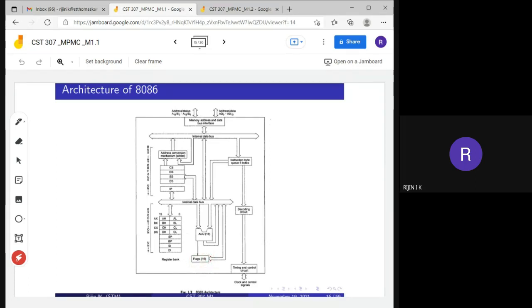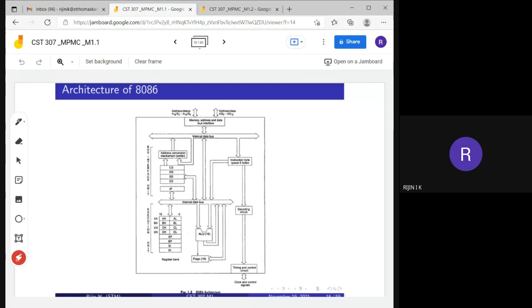Anupama: it is a status register. Okay, it shows the status of the operations that are performed in the ALU.